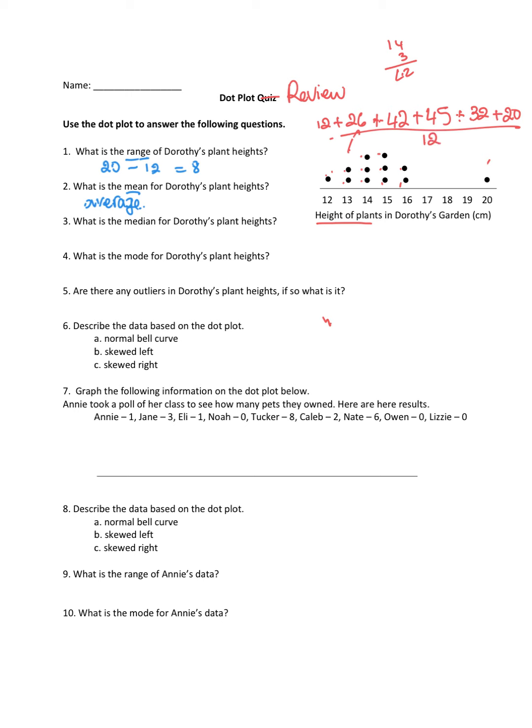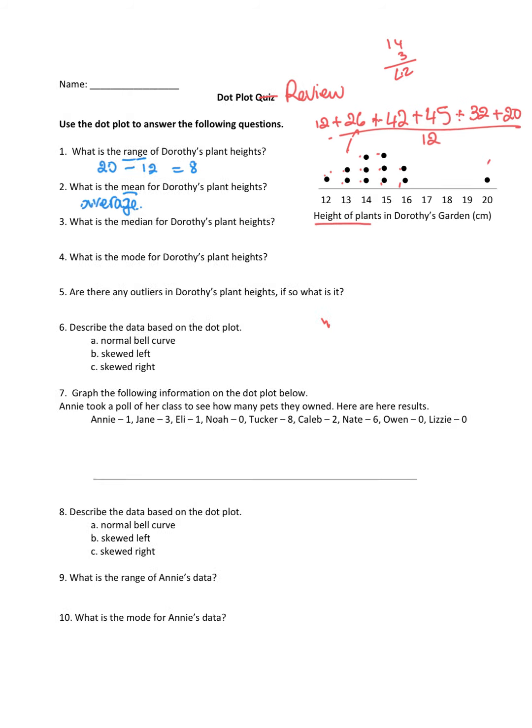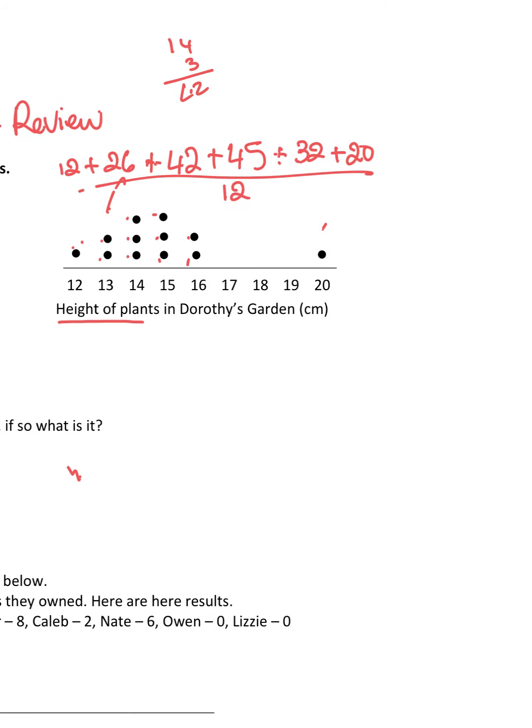Okay, so I'm going to add these numbers up. 2 plus 6 is 8, 10, 15, 17. 1, 2, 4, 8, 12, 15, 17. And I take 177 and divide it by 12.